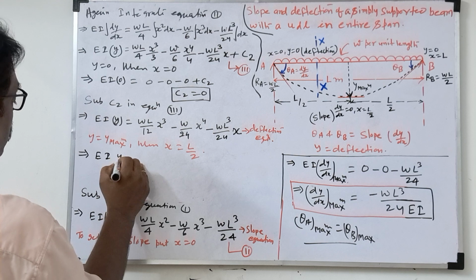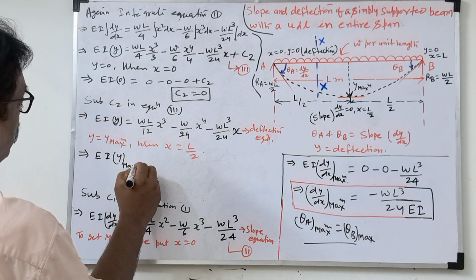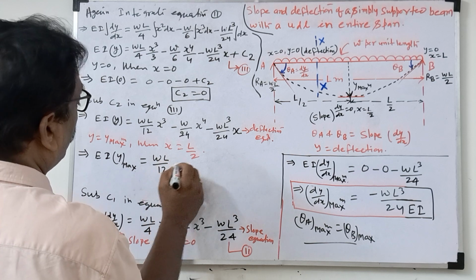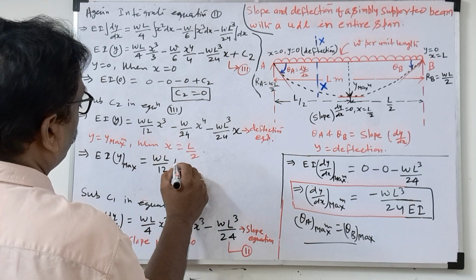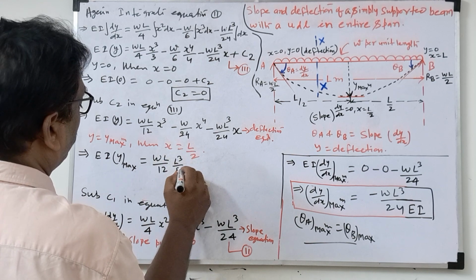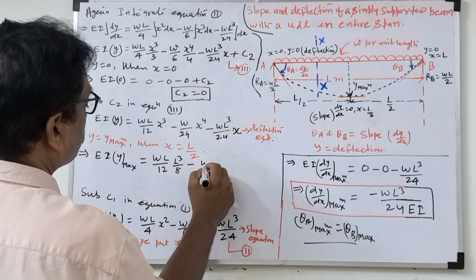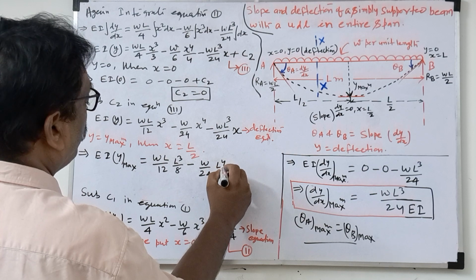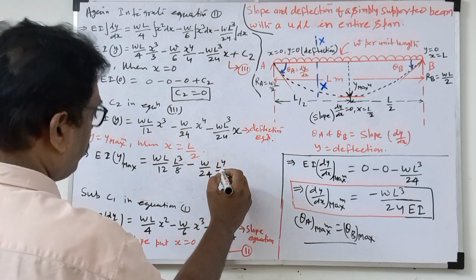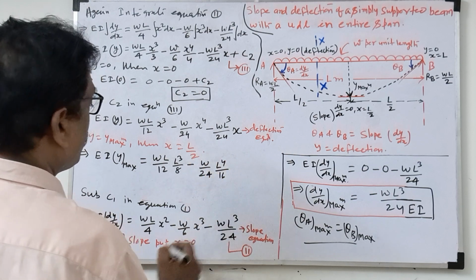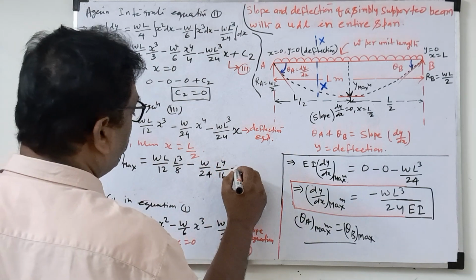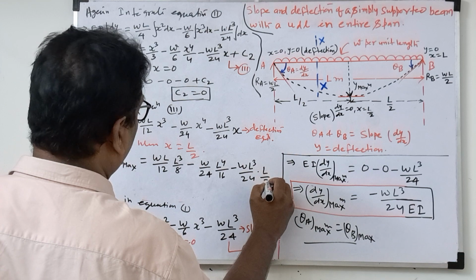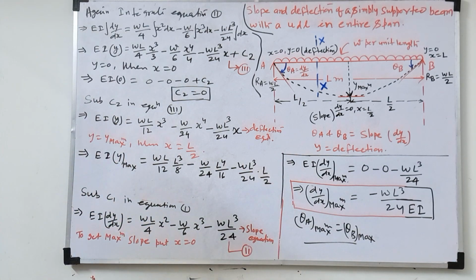EI y max is equal to WL by 12 times L cube by 8, minus W by 24 times L4 by 16, minus WL cube by 24 times L by 2. So this we got here.